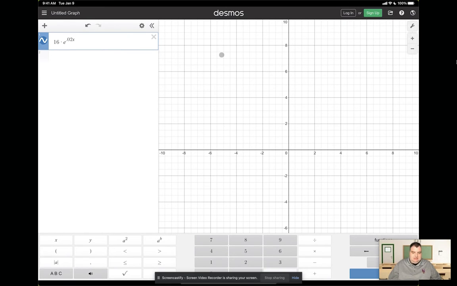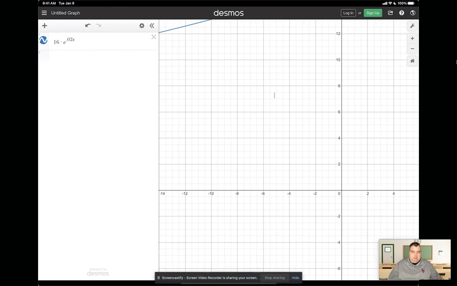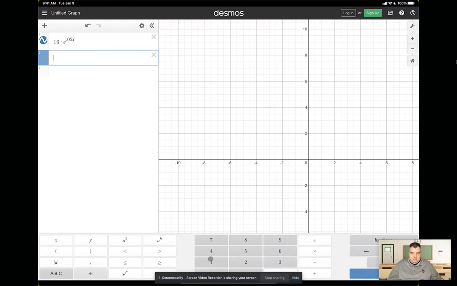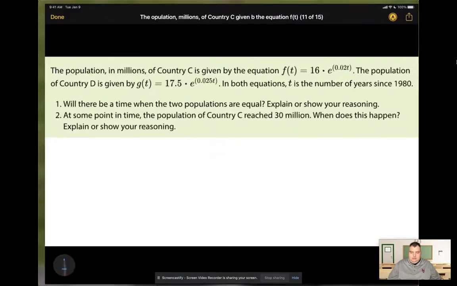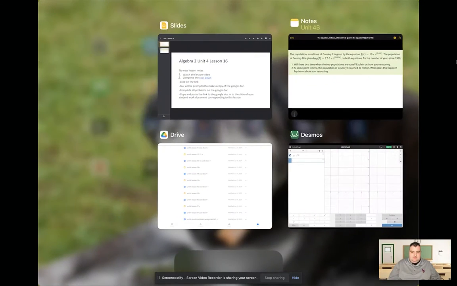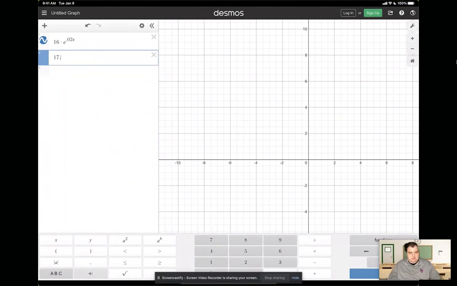So 16 times e to the power of 0.02x. And then the other one is going to be 17.5 times e to the power of 0.025t, or in this case, x.